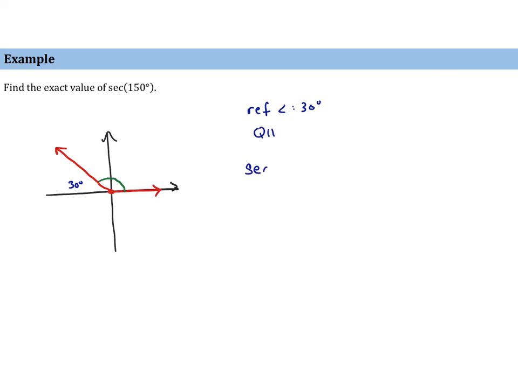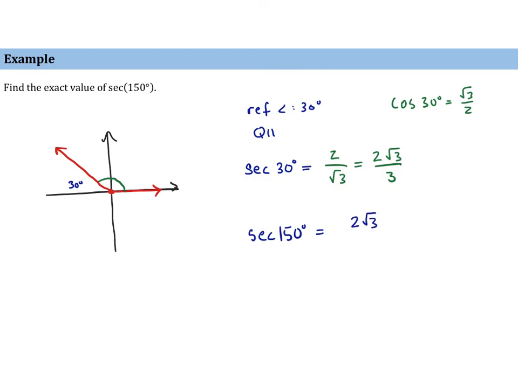So secant of 30 degrees is what? Well, maybe a little scratch work off to the side will be helpful. Cosine of 30 degrees is the square root of 3 over 2. So secant of 30 degrees is 2 over the square root of 3, which is 2 square roots of 3 over 3, if we rationalize the denominator.